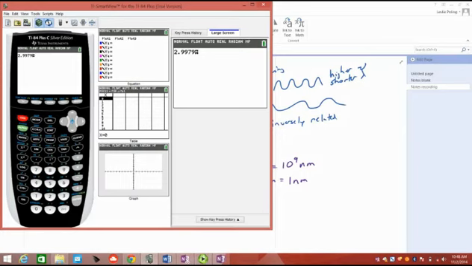Remember, second function and then the comma to get the E. And we have a power of 8 on the top. We are dividing that by 589, second function comma to get the times 10 to the part, negative 9th power.